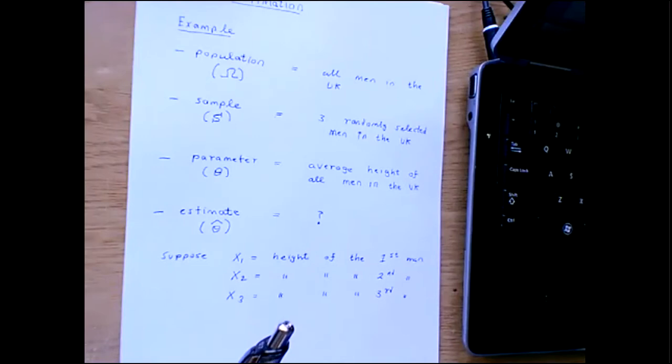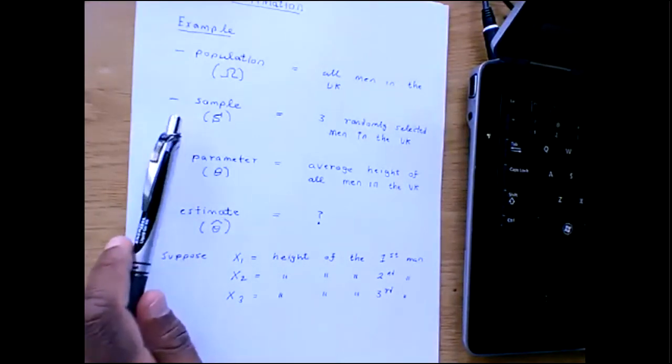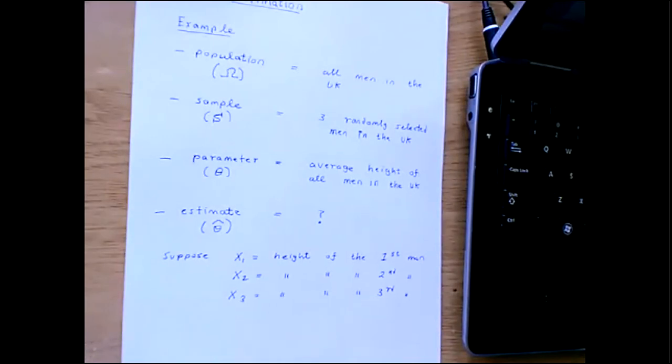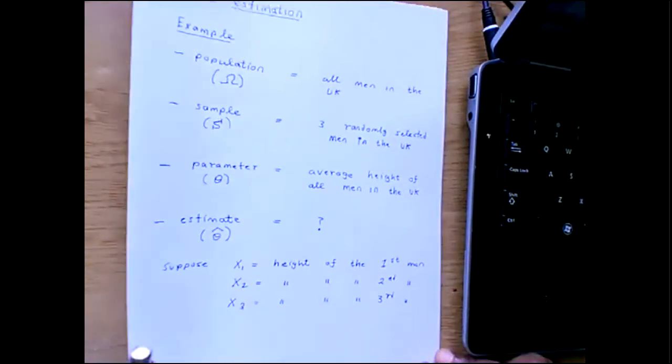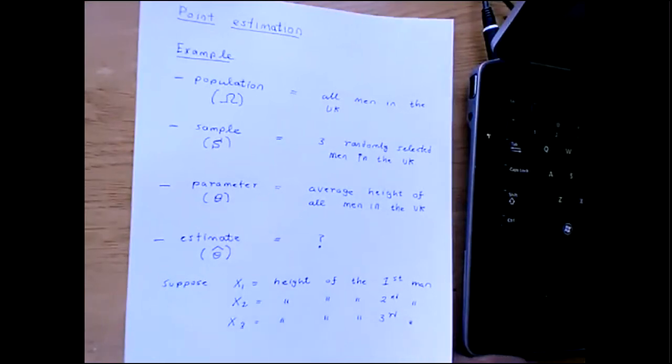Now the question is, how can we get an estimate based on the sample? To address that question, suppose X1 denotes the height of the first man that we chose, X2 denotes the height of the second man, and X3 denotes the height of the third man. The question is how to find theta hat.